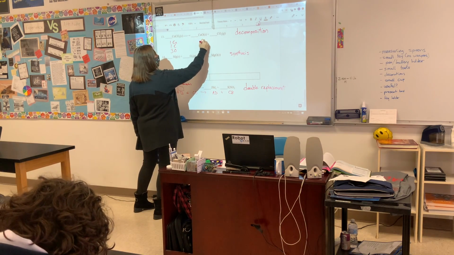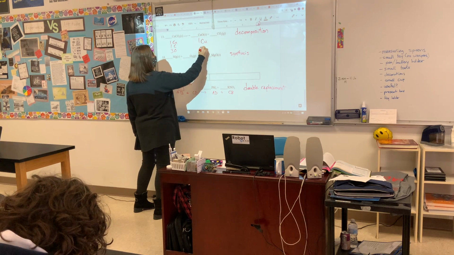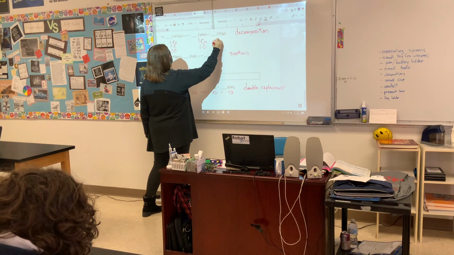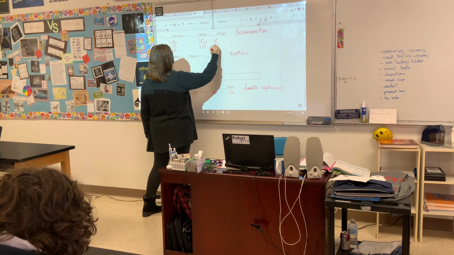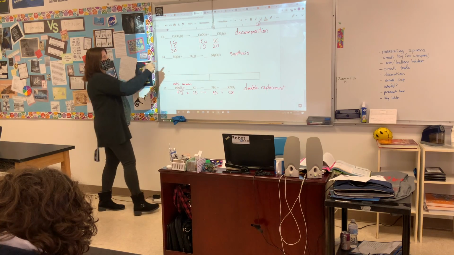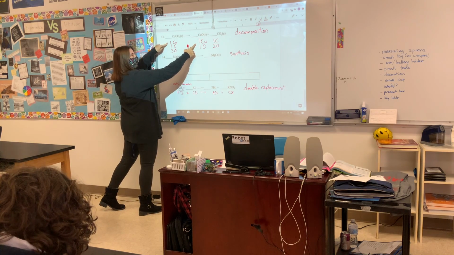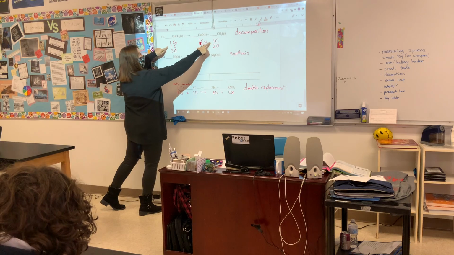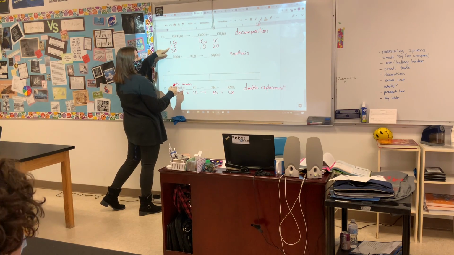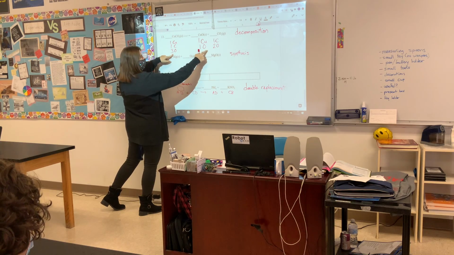Okay, on this side I have copper, 1, oxygen, 1. I have carbon, 1, oxygen, 2. So copper, are we balanced? Yes. Carbon, are we balanced? Yes. 1 carbon, 1 carbon. How about oxygen?